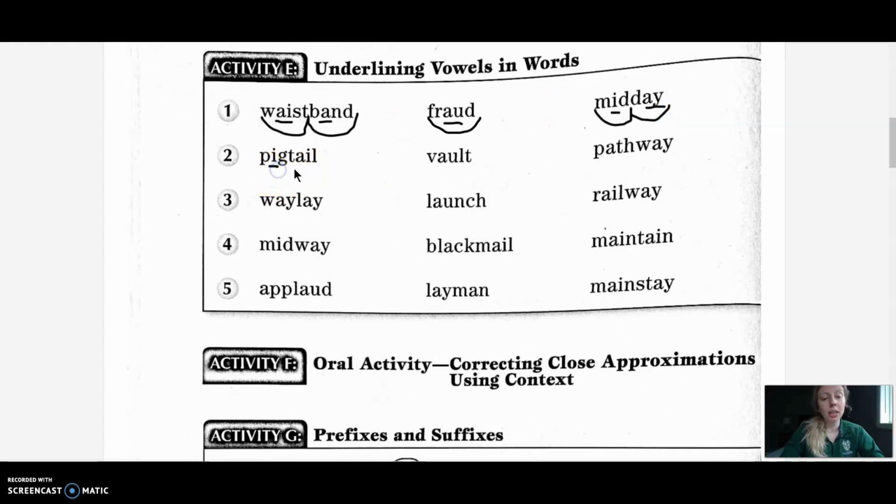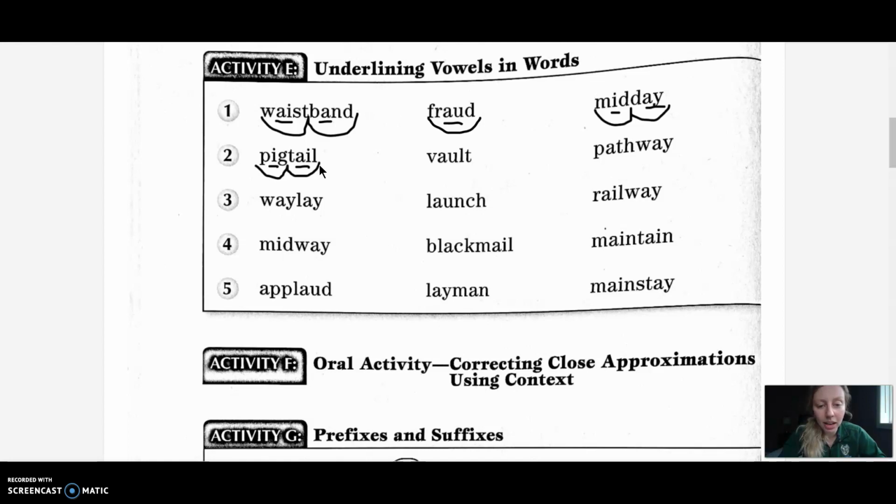Vowel combo here, vowel combo here. Two vowel combinations means, right, two word parts. So we have pig tail. Okay, that breaks into that. All right, let's see here. Do we have any that are going to have three in this one?